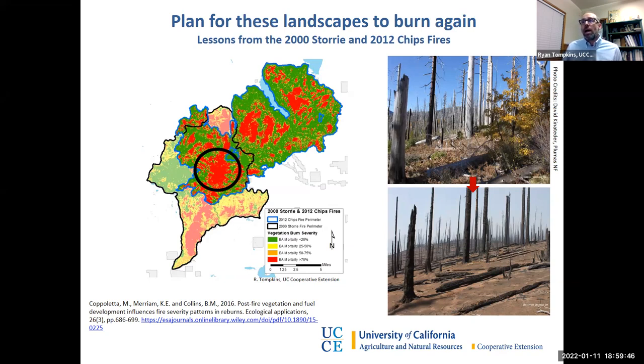And we're seeing an increase in this type of fire behavior and fire severity, particularly in the Northern Sierra Nevada and the areas that I work in. So as you think of your post-fire restoration plans, I really want you to think about how these landscapes may burn again, and build that into your strategy and your tactics.